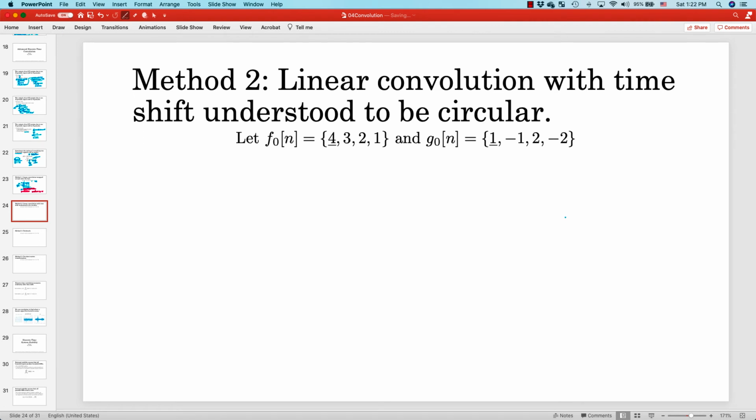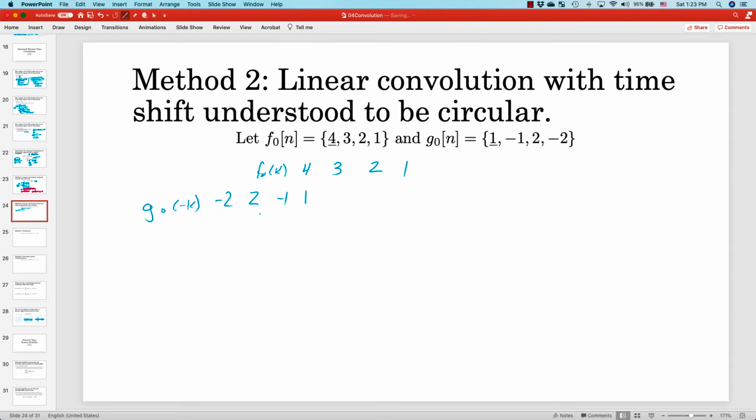And here I'm going to use the circular shift method. So I'm again going to set up 4, 3, 2, 1. And here's f0 of k and g0 of minus k. So g0 of minus k would look like 1, minus 1, 2, minus 2.